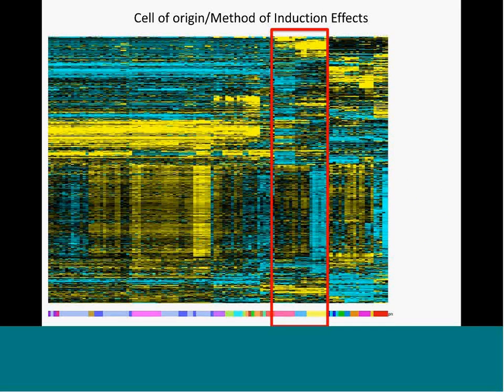I'm going to run out of time, and I want to show you how to interact with the data resource. It's hard to set up the database, and boxed in red here are embryoid body gene signature differences that come from this pink versus blue versus yellow, which turn out to be CD34, embryonic stem cell, and fibroblast-based cells of origin that were then asked to differentiate into the embryoid body.